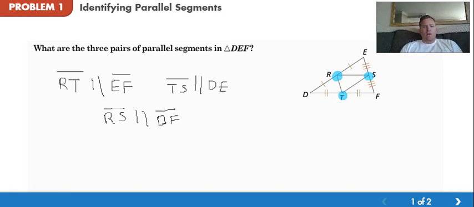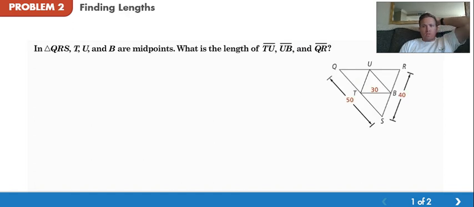So our next problem, we're going to use this information and be able to solve as well. Okay. All right. Problem number 2 right here. It says in triangle QRS, T, U and B are all midpoints, and we're trying to find the lengths of TU, UB, and QR. So let's mark it off first.